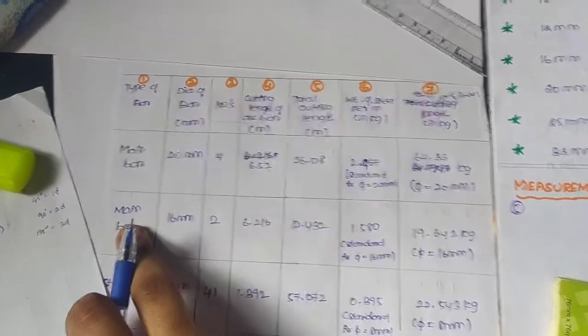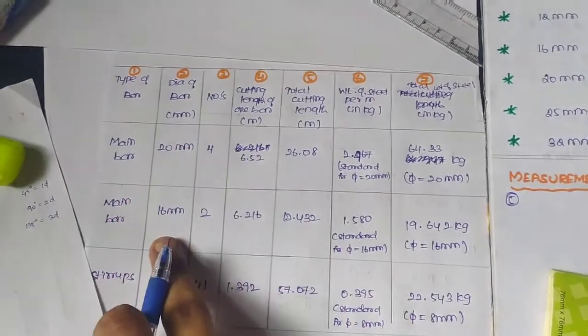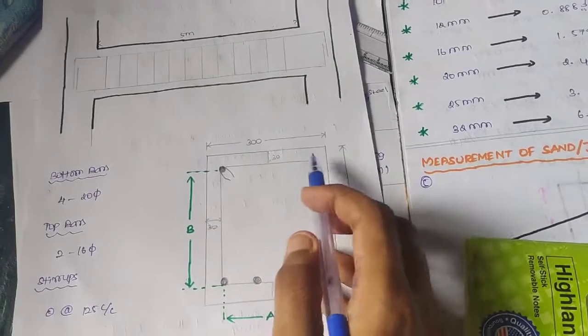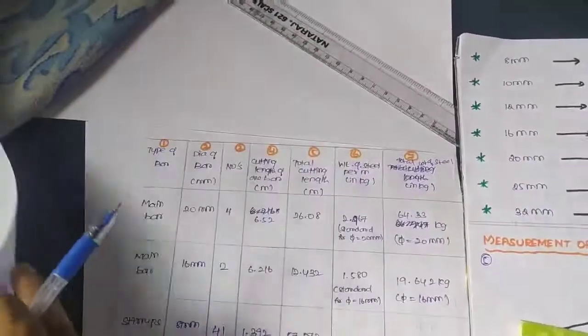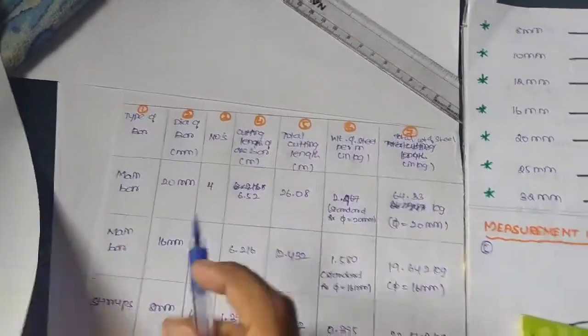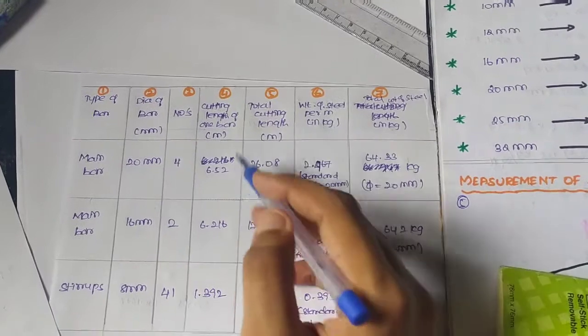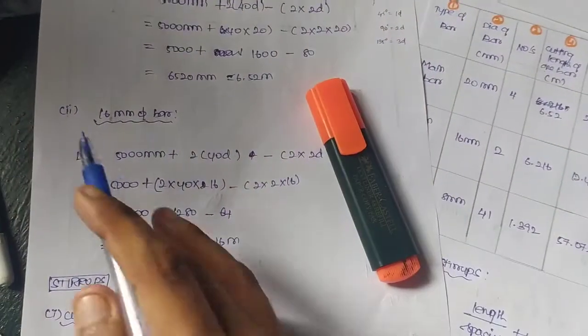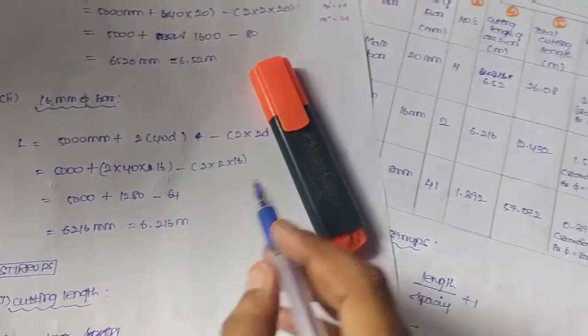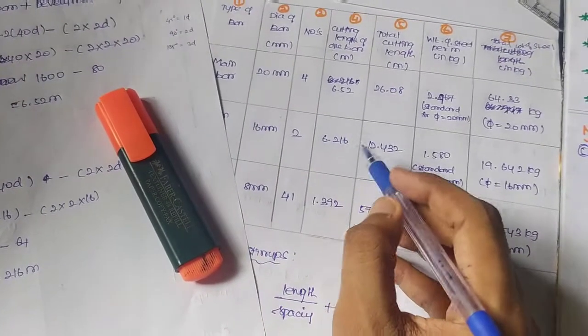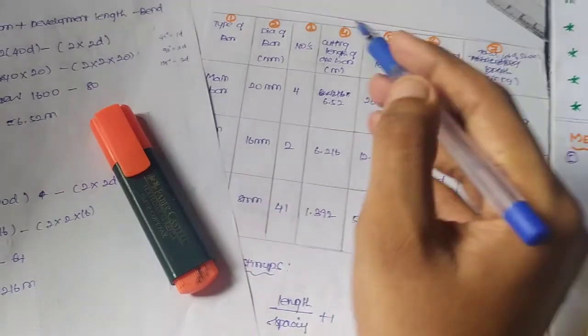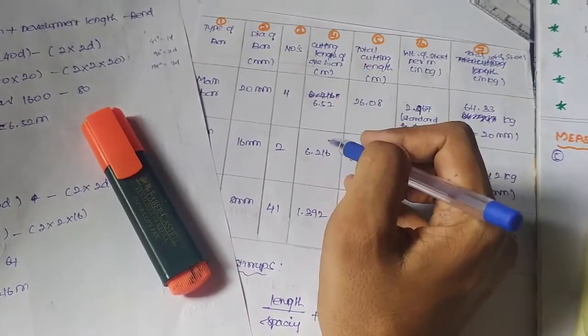Next, the second one is also a main bar and the diameter is 16 mm. These are 2 numbers of 16 mm main bars, right? So we put the numbers as 2 and the cutting length of one bar, which we calculated for 16 mm dia bar, is 6.216 meter. For the total cutting length we multiply the numbers and the cutting length of one bar.